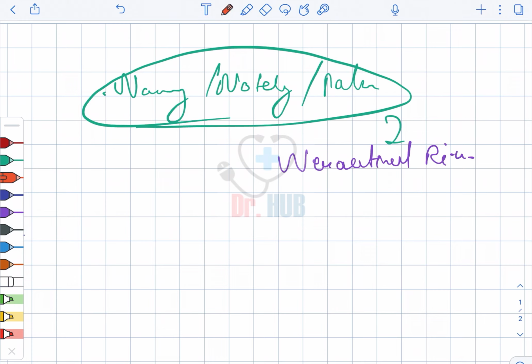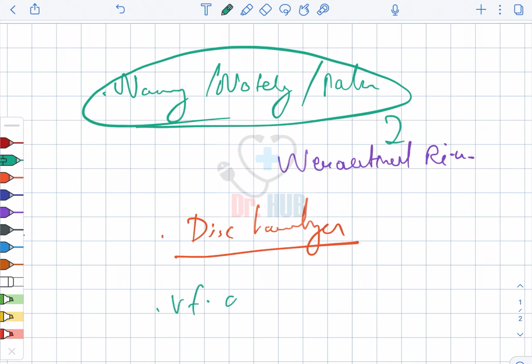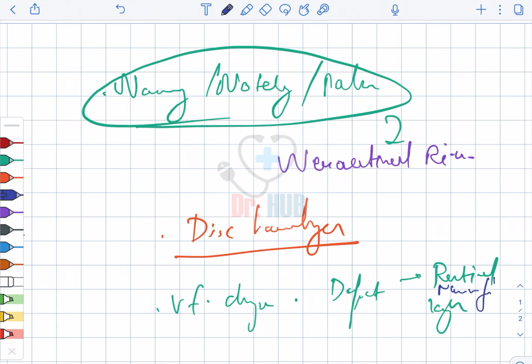Next, there are also disc hemorrhages. Then come the visual field changes as well as the defect in the retinal nerve fiber layer.